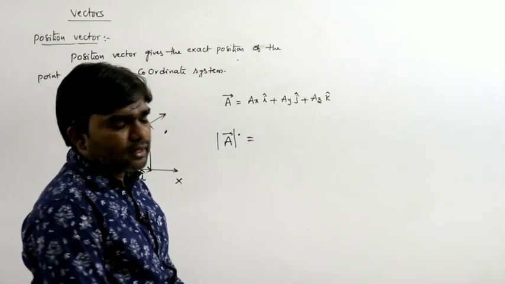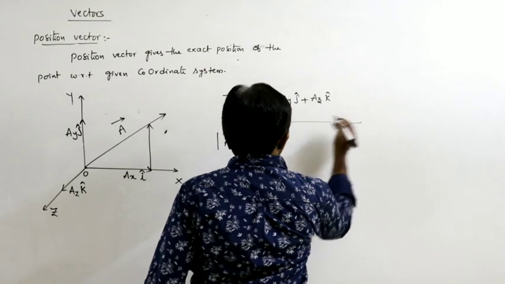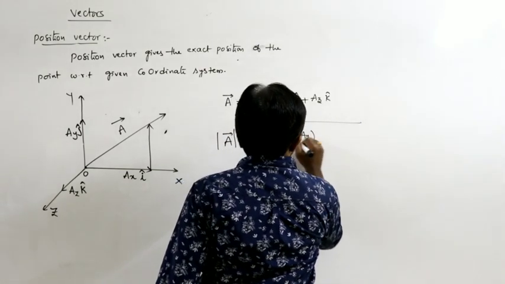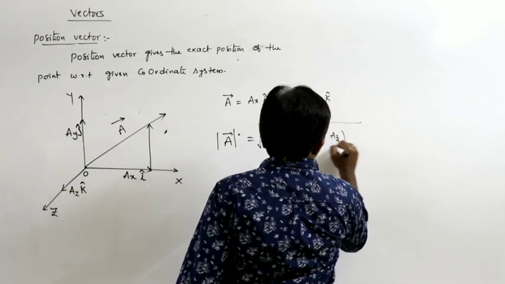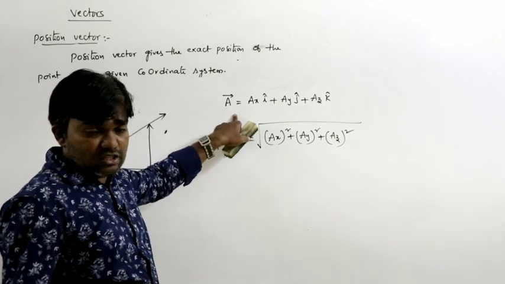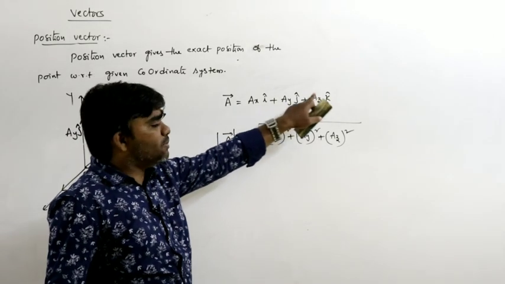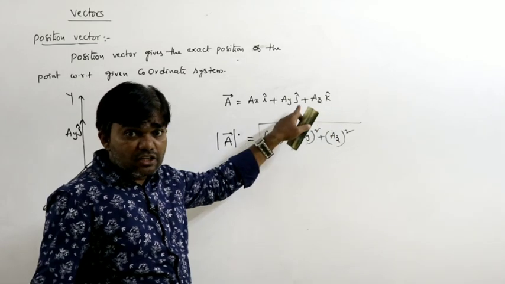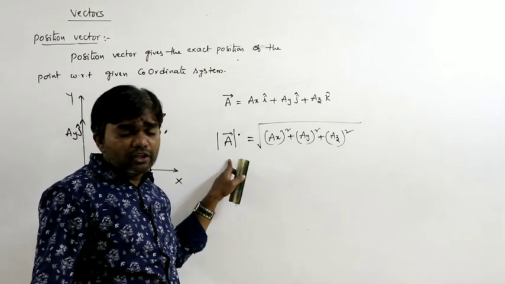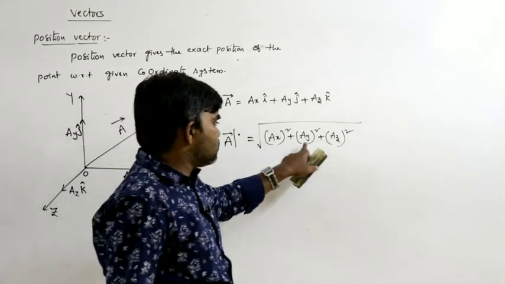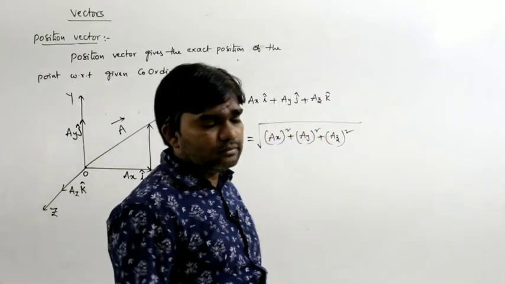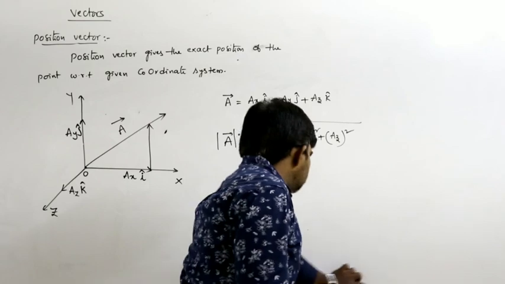The magnitude of the vector can be represented as the square root of AX squared plus AY squared plus AZ squared. If any given vector is in the form AXi plus AYj plus AZk, then the magnitude of the vector is the square root of AX squared plus AY squared plus AZ squared. This is the way to find the magnitude.